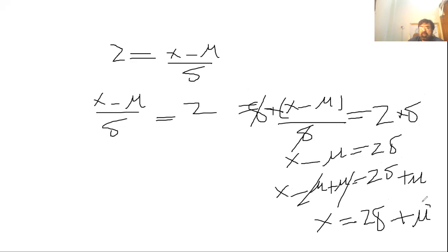Now this is the formula for calculating an individual score from a z-score or from a percentile. If you are given mu, standard deviation, and z-score, or if you are given the percentile, the sigma and the mu, you can calculate the z-score from the percentile, then put in the values of sigma, mu, and z, and you can calculate x from this formula.